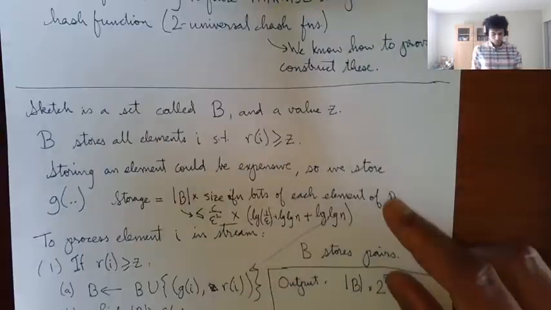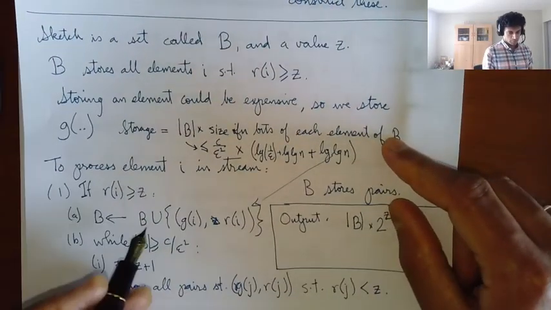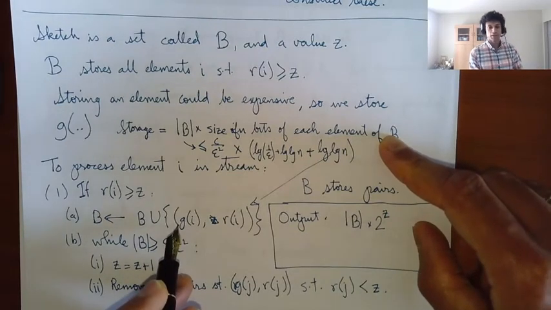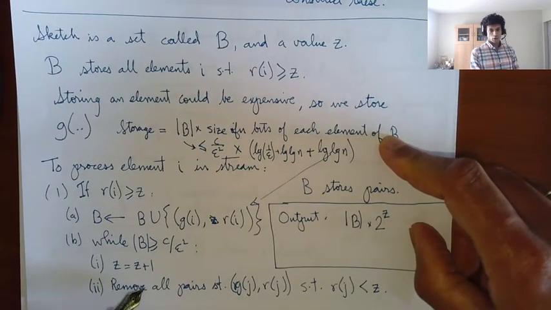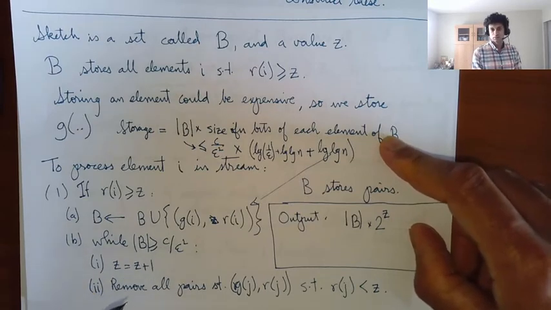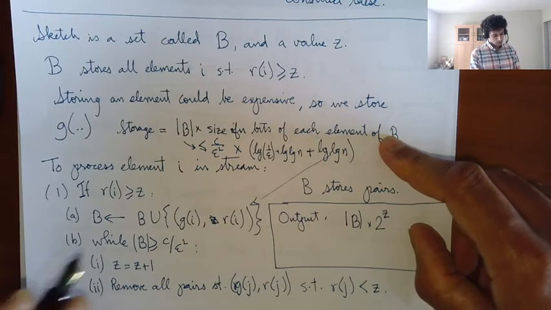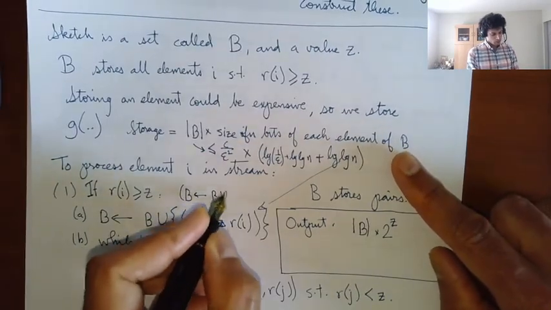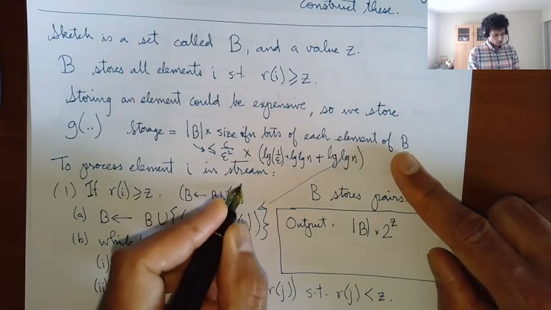We're going to assume here that B, instead of storing this pair, is simply going to store I directly. So instead of storing pairs, it's actually just storing I. So I want to think of what B is doing as just B union I.